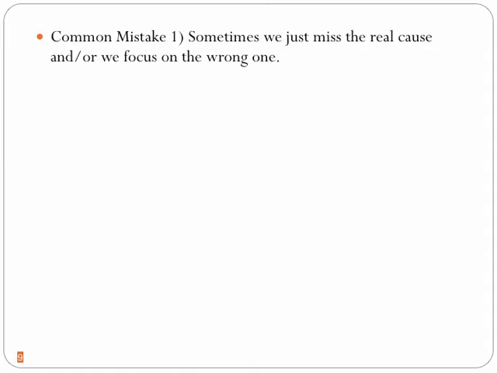Okay, so let's look at specific ways that we can screw this sort of reasoning up. Sometimes you just miss the real cause because you're focusing on the wrong one. Like in the vitamin example, we're so focused on the vitamins because it seems like the obvious answer that we miss the real cause of the healthier diet and exercise and lifestyle.